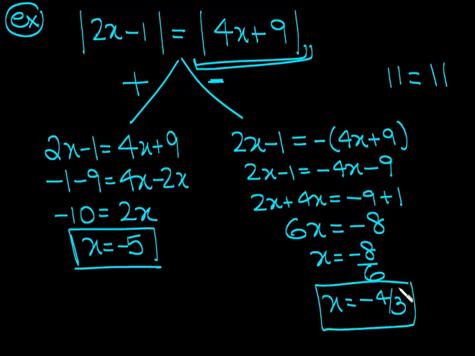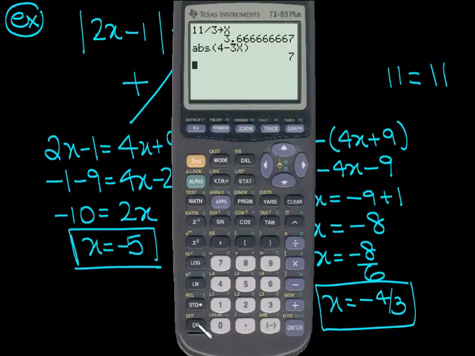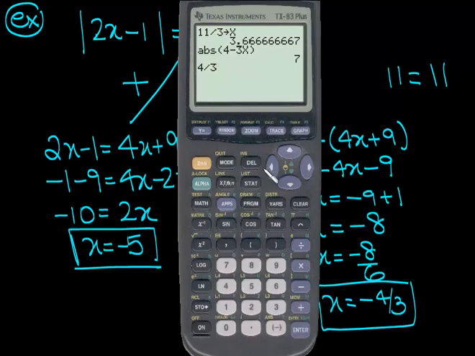Okay. And if you want to check this, you can use your calculators to check it really quick. If x is negative 4/3, okay, so we go 4 divided by 3, negative 4/3, and you store that into x.